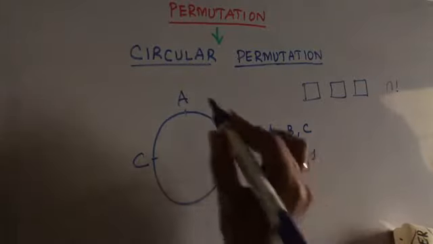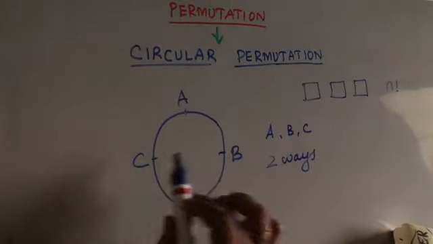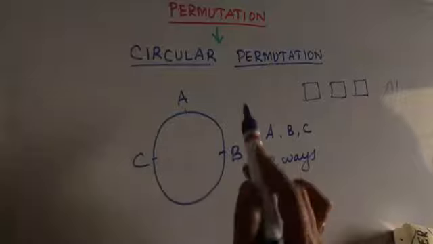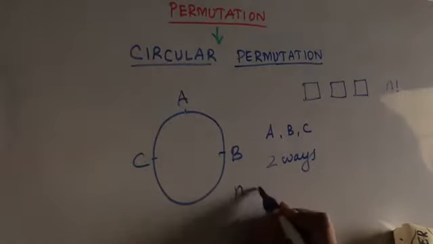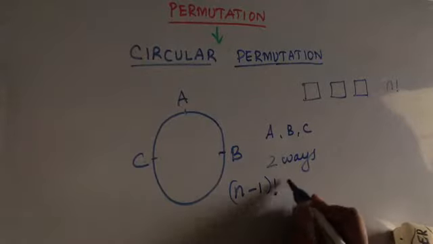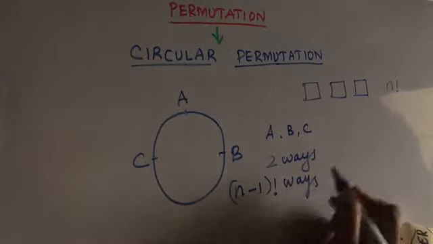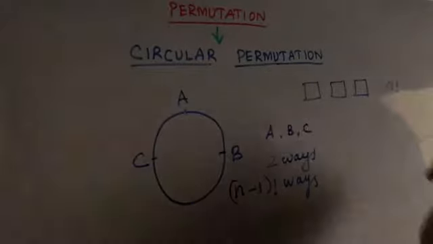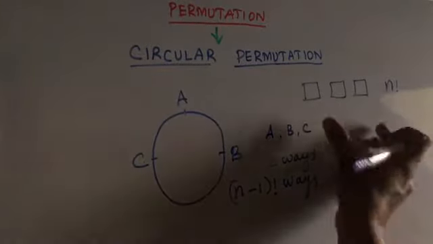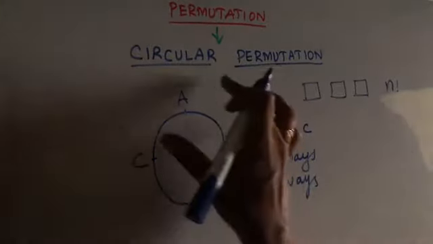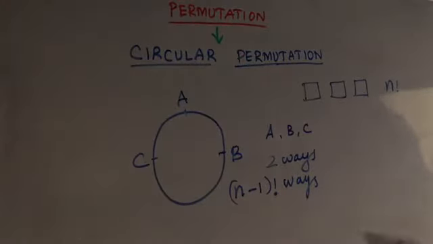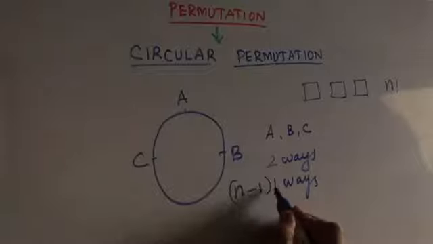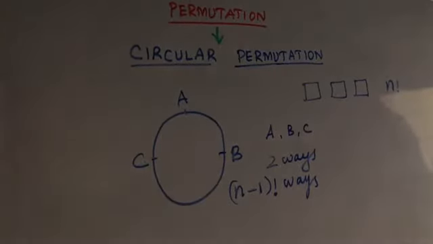This one is fixed. Here I have only 2 options. So for the circular permutation, I have n minus 1 factorial ways. In the row-wise arrangement, I have n factorial ways, while arranging the same number of people in a circular arrangement, I have only n minus 1 factorial ways.